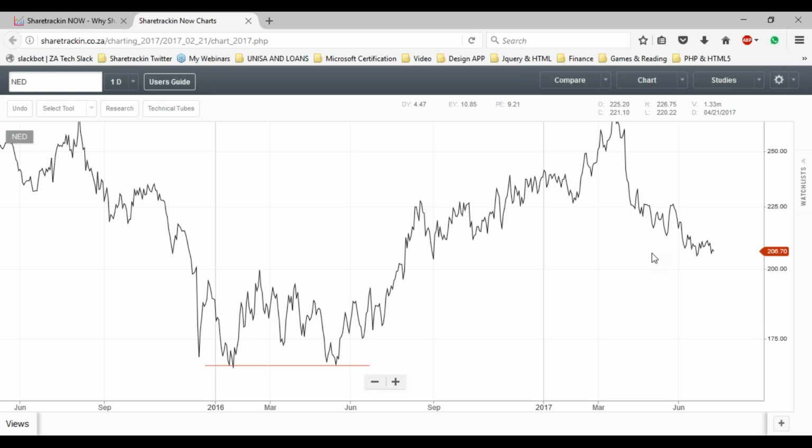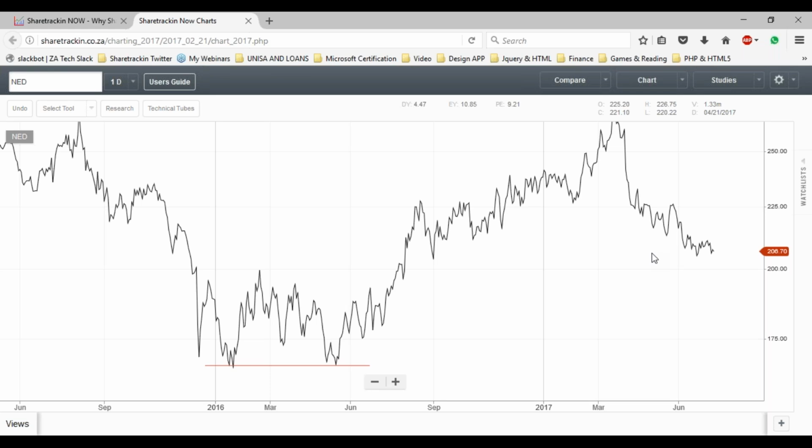Once again, a lot of people tend to see the market as high risk, and they always give their money to unit trusts, pension funds, and insurance companies. The sad fact about unit trust firms is that they underperform 7 out of the 10 indexes that they trade in. Why would you give your money to someone to underperform an index? That's not worth your while. You'd rather do it yourself.